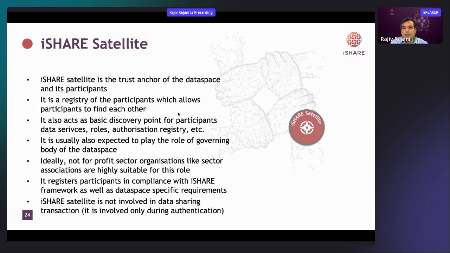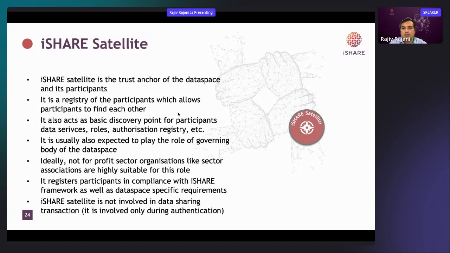It also acts as a basic discovery point for participants, data services, roles, authorization registry, etc. As it is a list of participants, it's not only giving you the name or ID of the participant which is registered, but it also gives some additional essential information, like where you can find data endpoints of this participant, for example. That is called the capabilities endpoint in iShare. What role this participant plays.